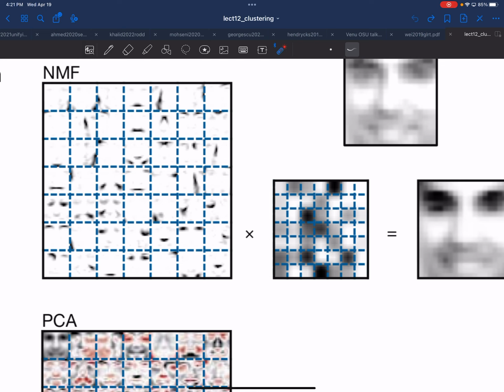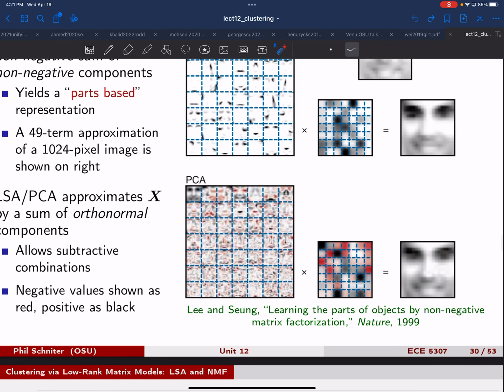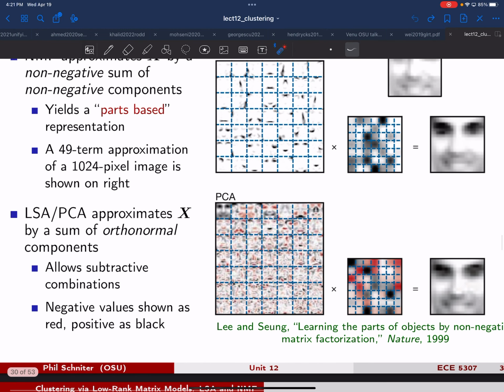So these are your building blocks. In some sense, they're more interpretable than these guys. These guys are just kind of crazy looking. Okay, so people say that this is called a part space representation, which is very different than what PCA is doing.